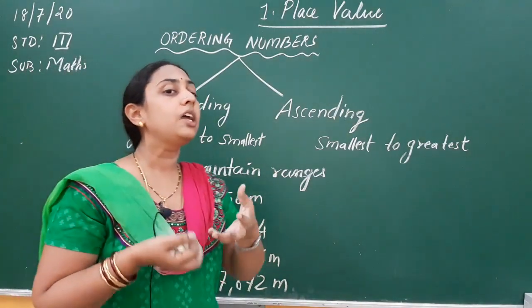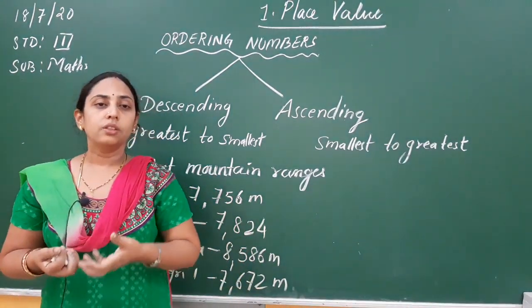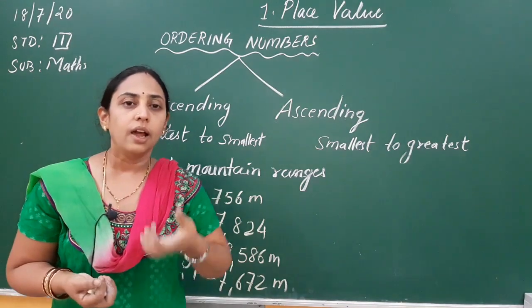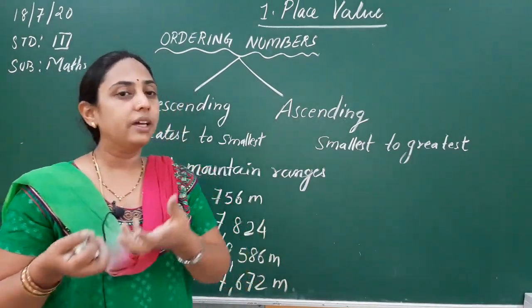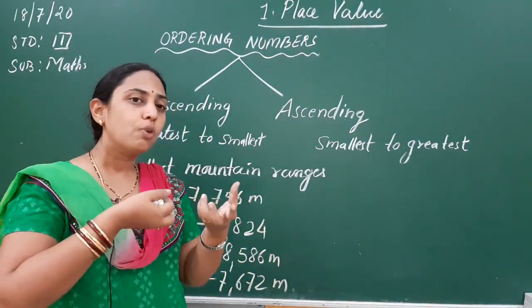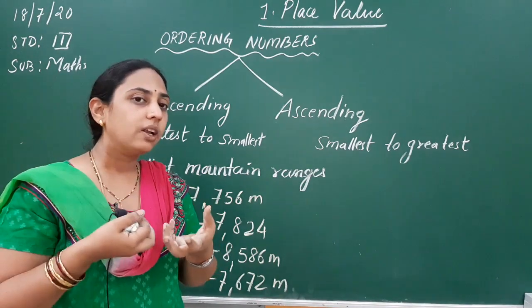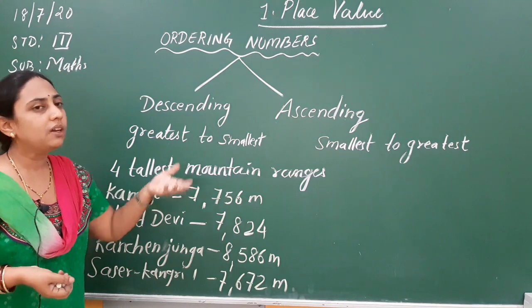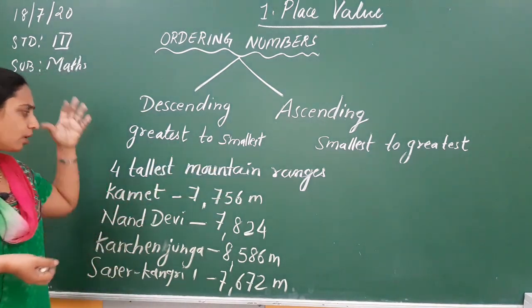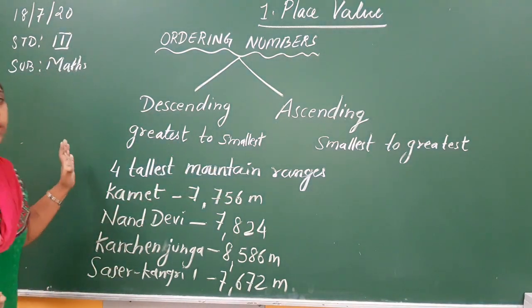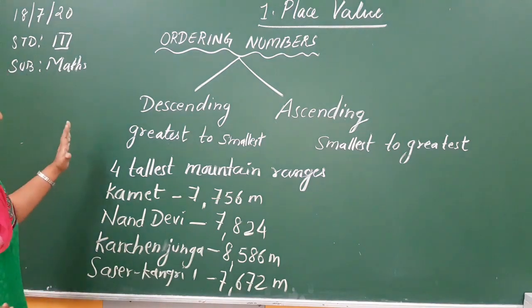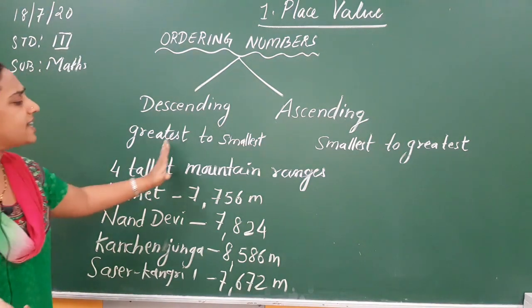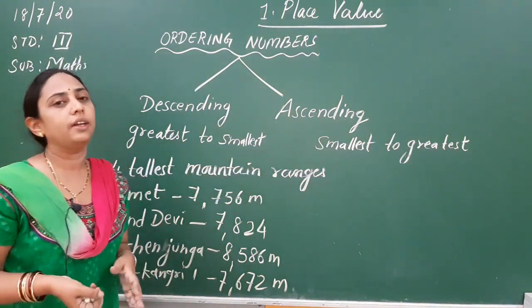Now to put numbers in order, we should know which number is small and which number is bigger. If we come to know which number is small and which is big, then we can easily arrange them as per the requirement. So here there is one question. These are the four tallest mountain ranges of India.